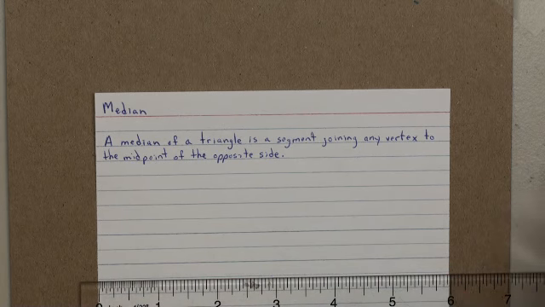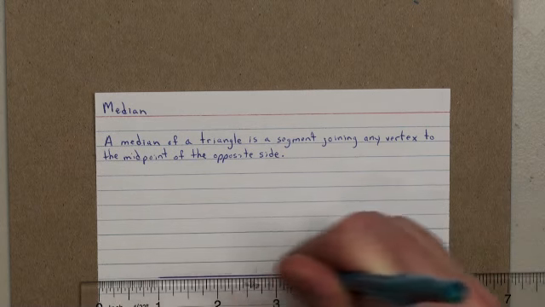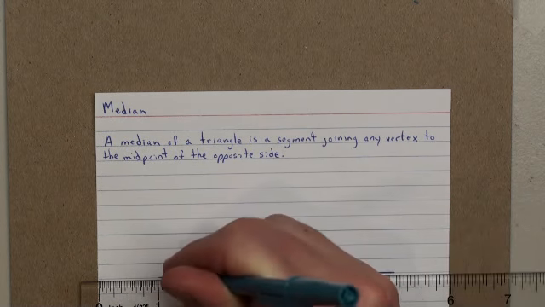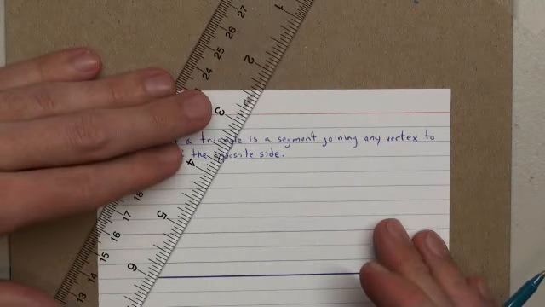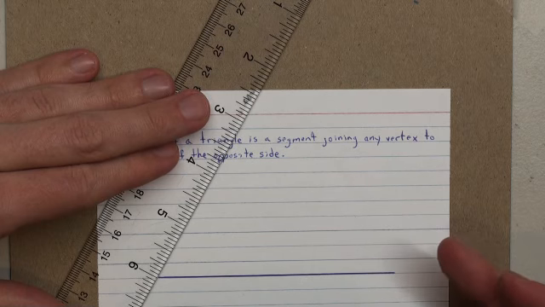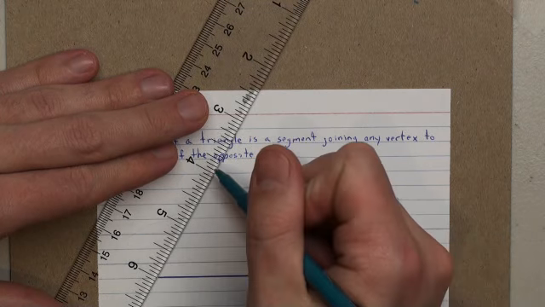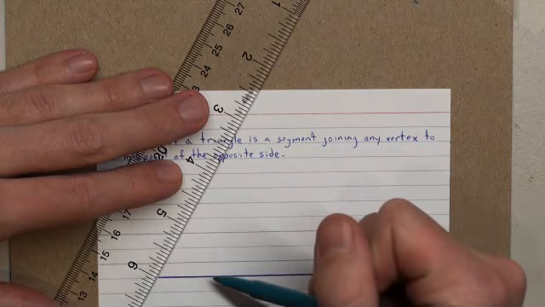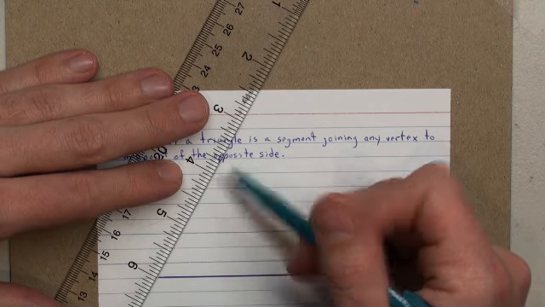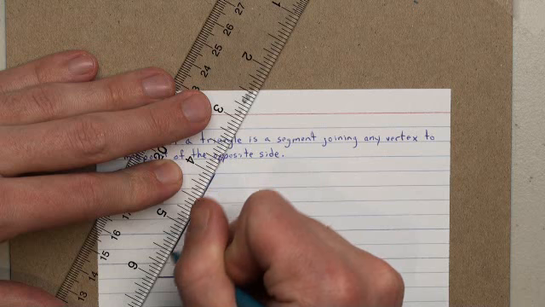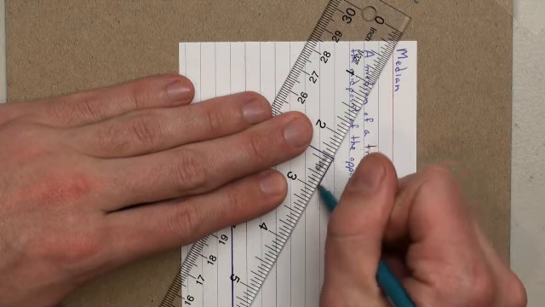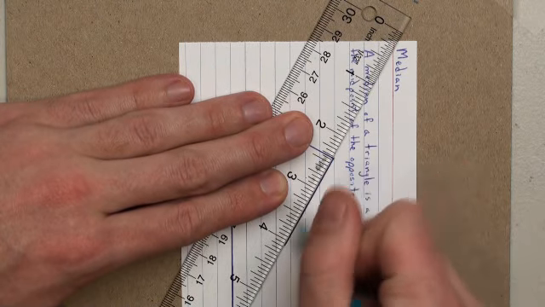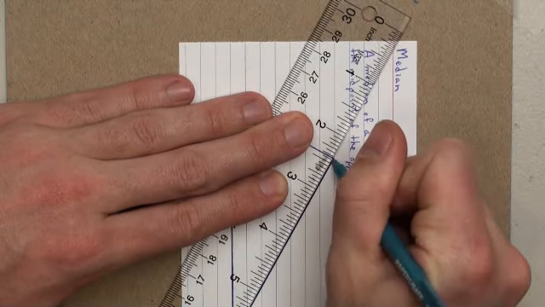I'm going to go from the 1 to the 5. Then I'm going to go up 2 inches. So I'm going to go up 1, 2, 3, 4, 5, 6, 7 lines. And then I'm going to just connect these 2 sides, and then we'll have our triangle. And I'm going to draw a picture of what a median is.